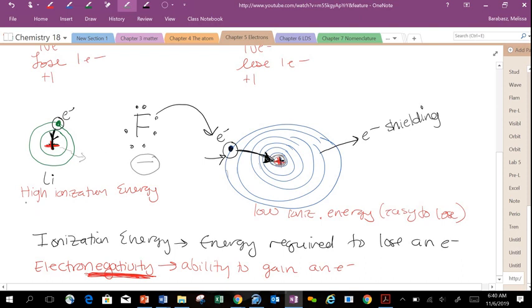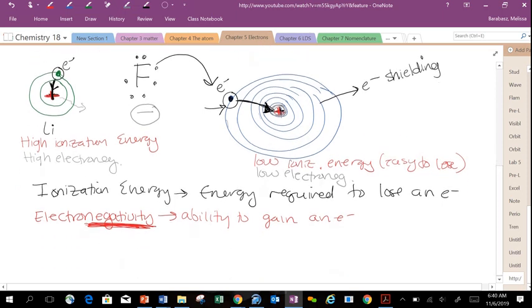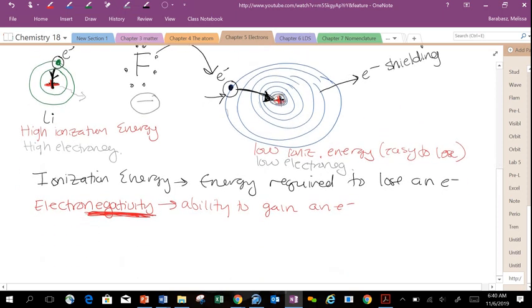So lithium has a high electronegativity, or higher electronegativity than cesium because it's going to have a better chance of grabbing that electron, where this is going to have a low electronegativity. That nucleus is really going to have to fight for that electron. Okay, it's going to have to break through 6 electron shields to get to that electron.